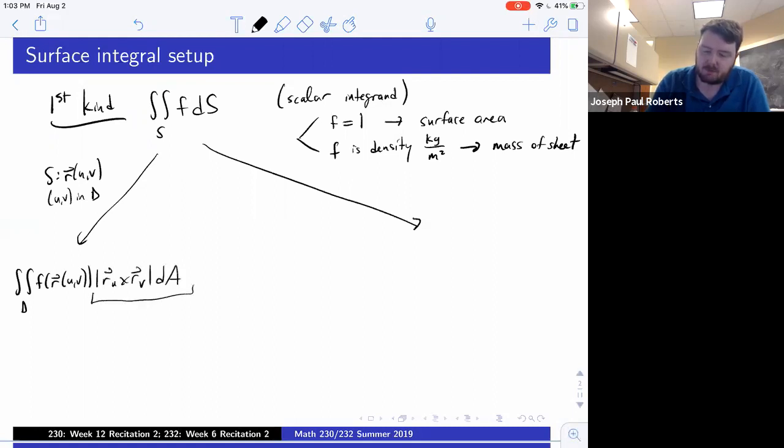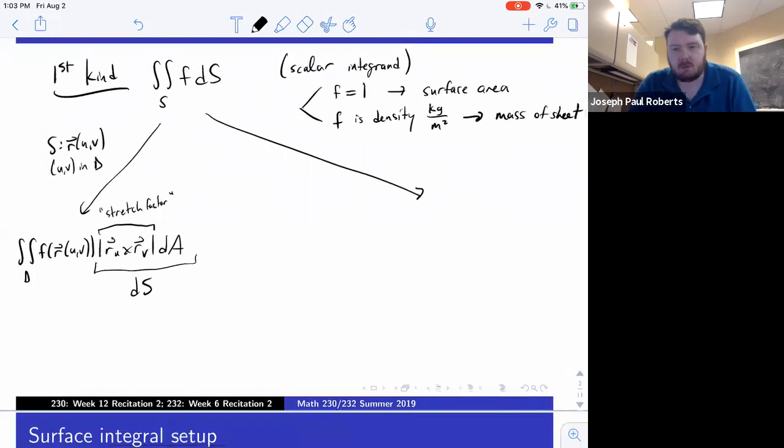So you want to think of this as being d big S. And I think Dom talked about this a little bit in lecture, that essentially you want to think of this length of RU cross RV as being like a stretch factor. That it gives you the relationship between area in the UV plane with area in the XYZ plane.